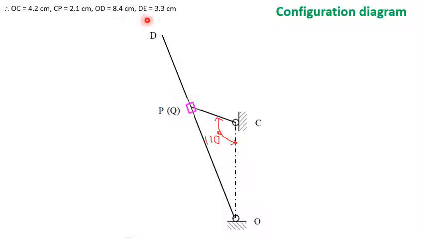So once this much is over, then we have to locate the link DE. So take a radius 3.3 centimeter and by keeping the compass at this point, cut an arc like this. So next, from this point C, take 4.2 centimeter radius and cut an arc like this.